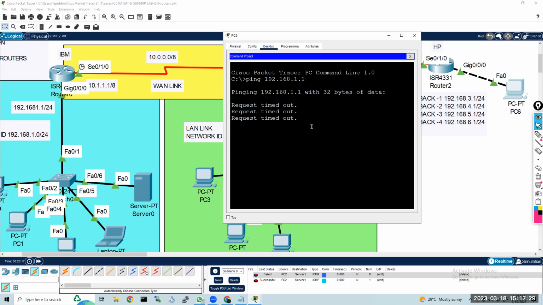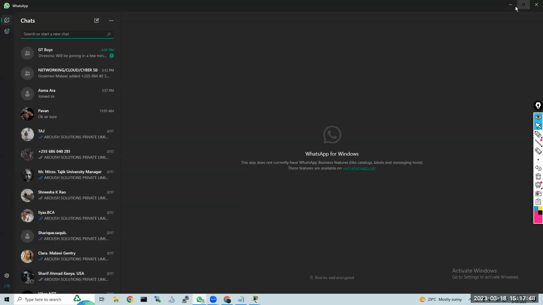So what should we do now? Go to the RIP configuration. Clara, can you tell me, what should I configure here? We should advertise the 7.0 network on the router.